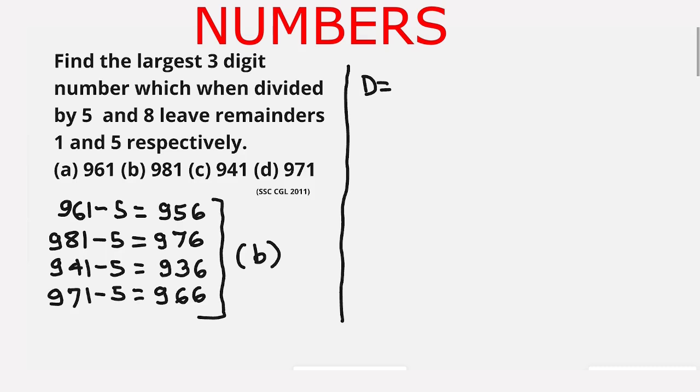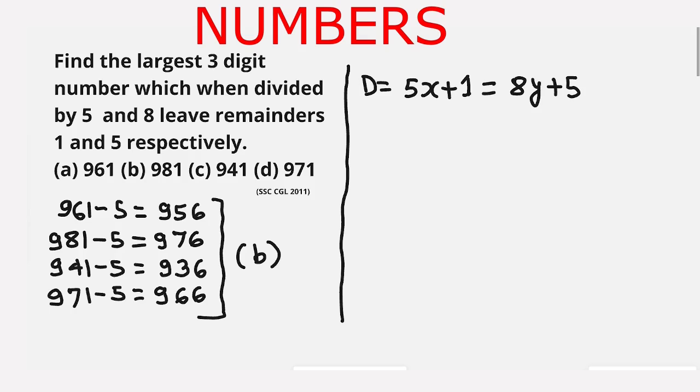The dividend from these two conditions is, the first quotient is say x, then it will be 5x plus 1, and this is also equal to 8y plus 5. The second condition is that when it is divided by 8, it leaves remainder 5. So it will be 8y plus 5.